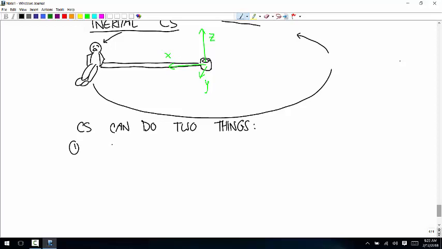It can stay fixed, and then every revolution around, it sees the astronaut one time, right? So the camera just sees the astronaut go by. Or the coordinate system can rotate with that arm.